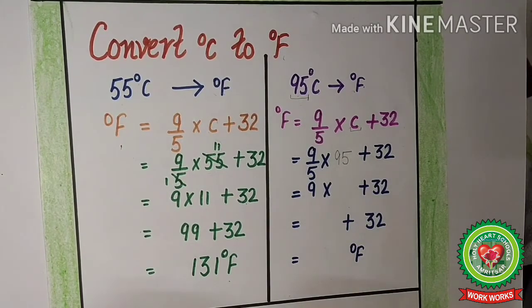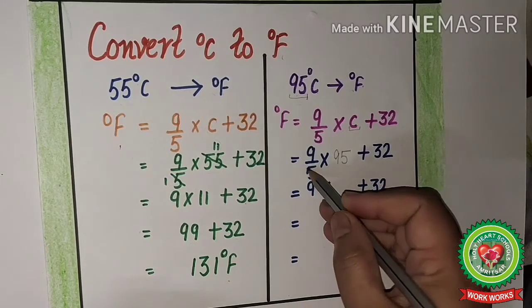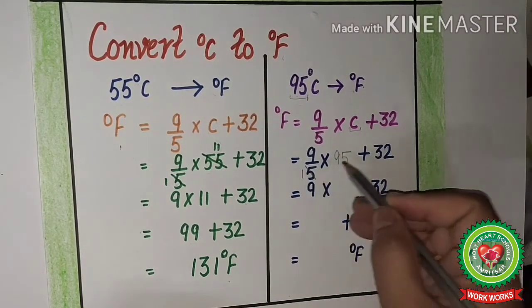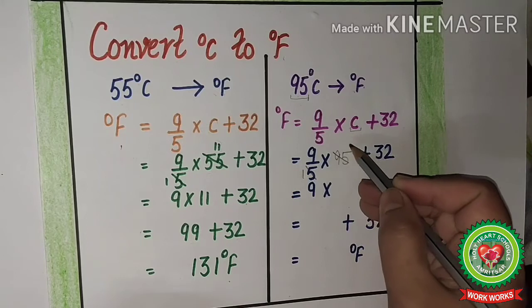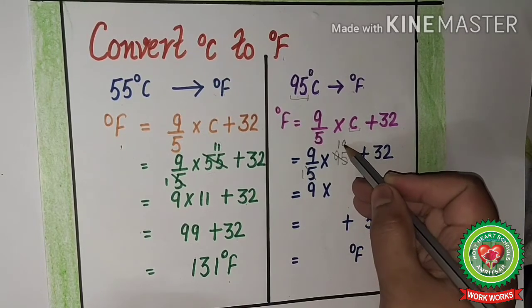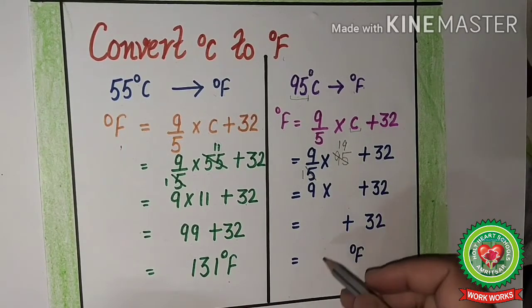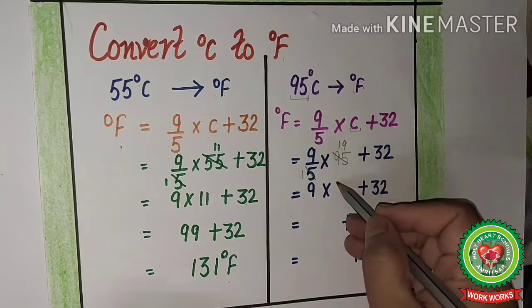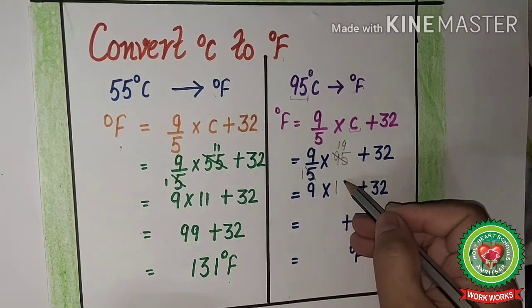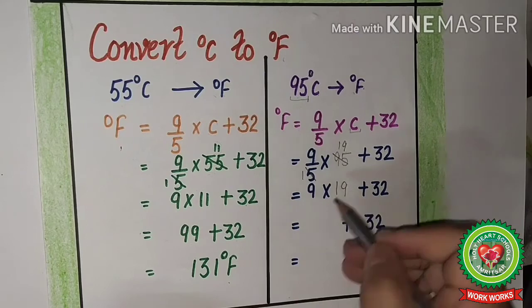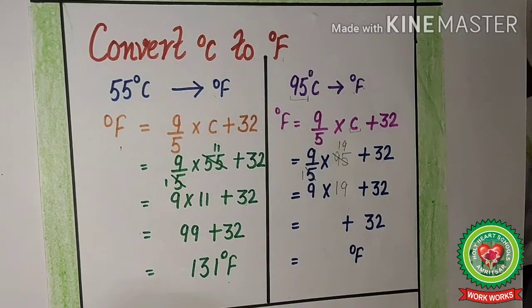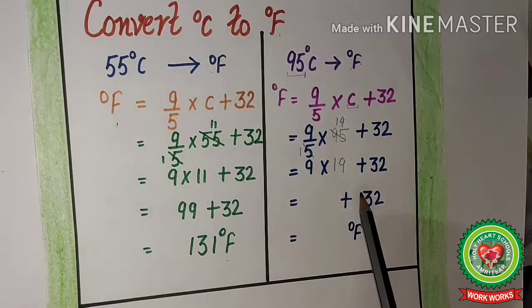So first we solve the multiply. 5 ones are 5. 5 19s are 95. So what is left? 9 and 19. Put 9 and 19 plus 32.